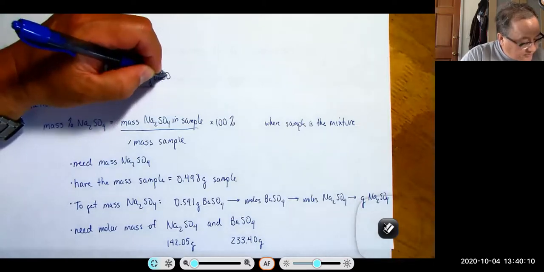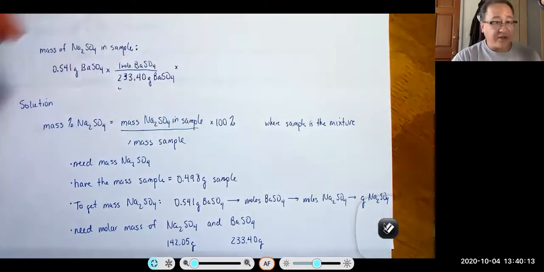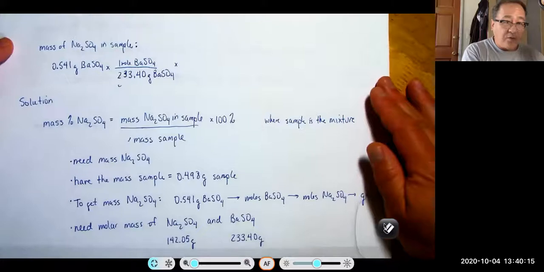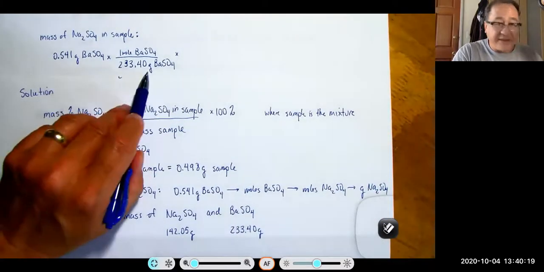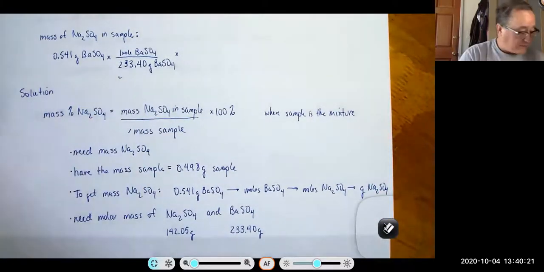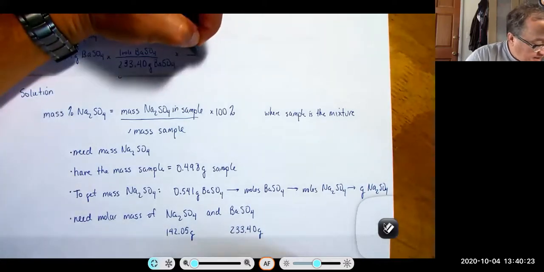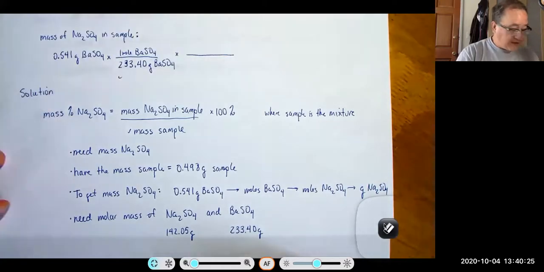Now, you've seen me do problems before if you're watching the lectures, and you know that I'm going to put the identity of the substance in here. We call those labels. And then I'm going to multiply according to the balanced reaction.